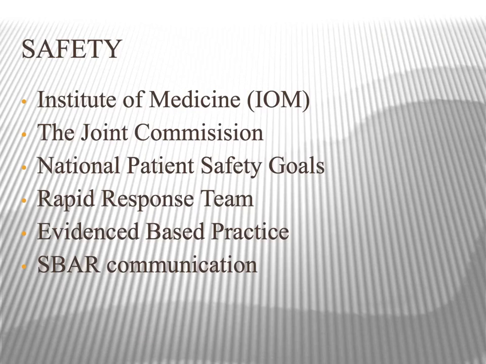Like I said, this is based on their surveys from across the country, that they've identified some very common problems that are happening across the country, and so they're basically trying to use this as our standards in order to make sure that we're providing safe patient care.